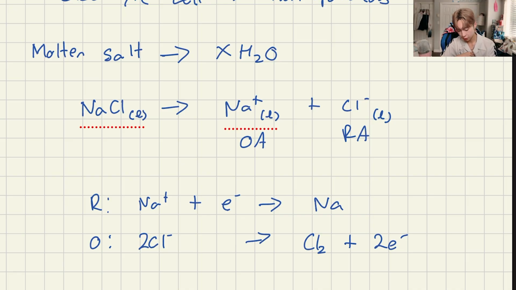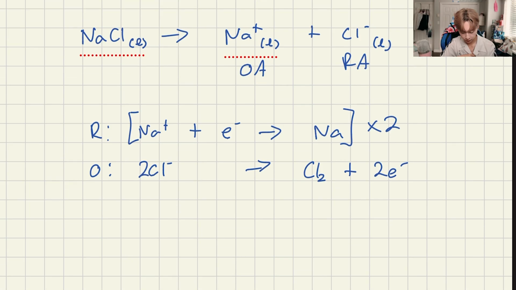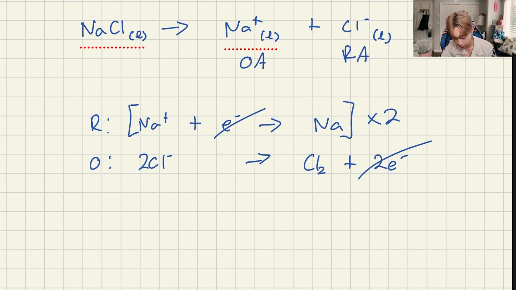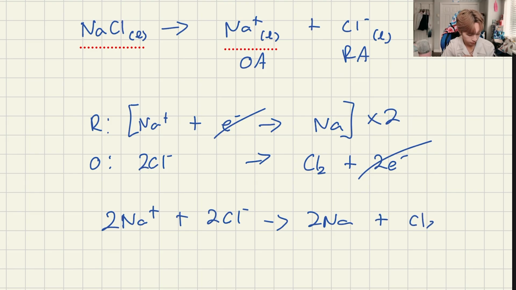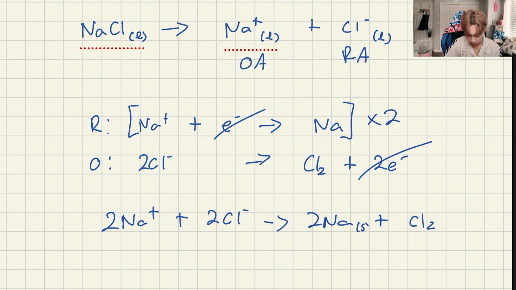And to balance the electrons, we multiply the top one by 2. And finally, we write out our equation: 2 Na+ plus 2 Cl- turns into 2 Na plus Cl2. And then our sodium is going to be solid, chlorine is going to be gas.